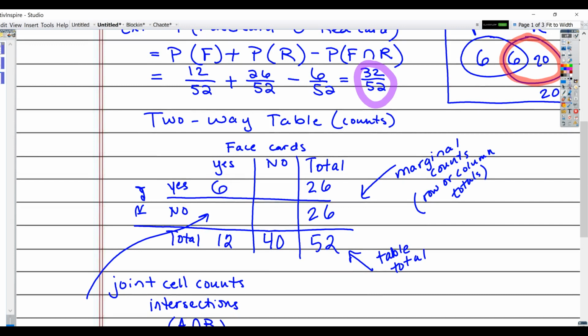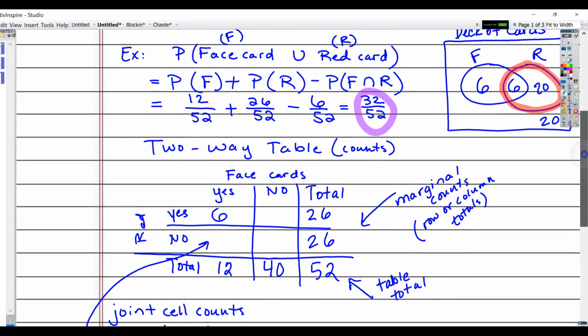So how many say yes to face cards but no to reds? 6. Nope. Did I flip it again? Exactly, 20, and then the one below, yes, 6.